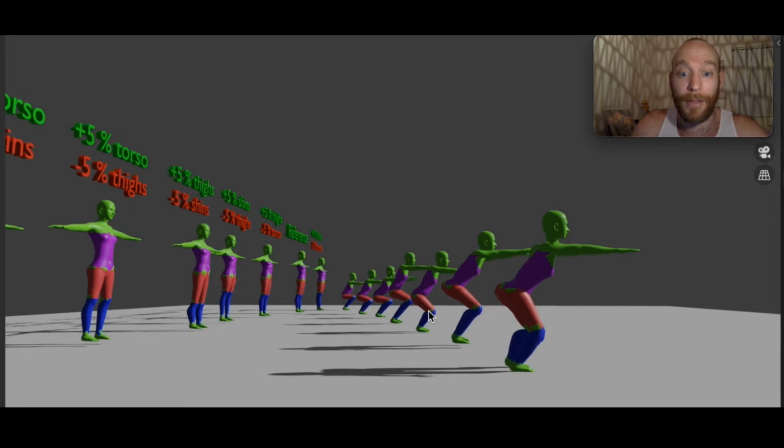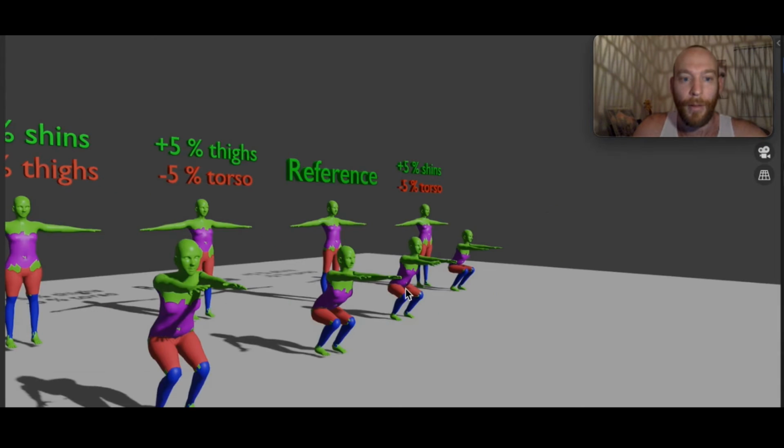There are definitely some people out there with some very mobile ankles, and some people use that as a strategy to sort of counteract some of the less favorable proportions.